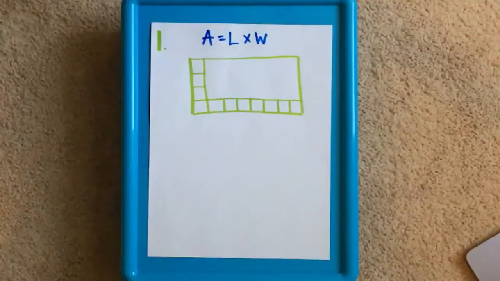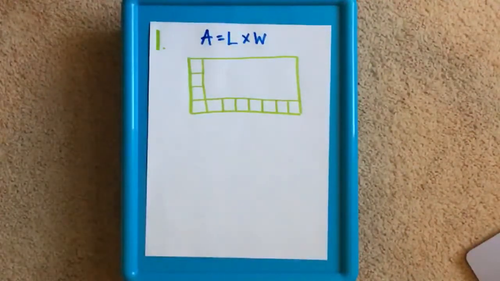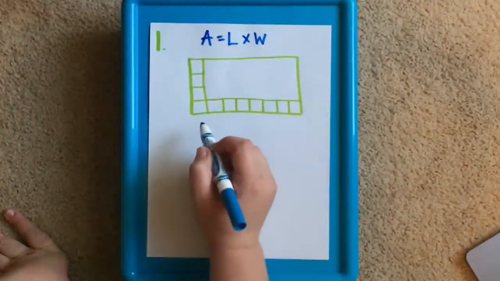But this isn't a normal rectangle that we usually see. Usually when we're trying to find the area, they give us the numbers for the length and the width, but this one doesn't. However, it does show us these squares. Those squares will tell us what the length and what the width is. What I mean is, if I count the squares, I will know the length and I will know the width.